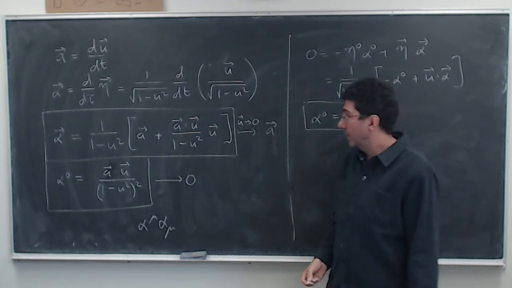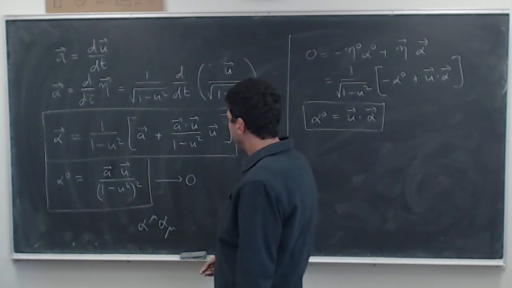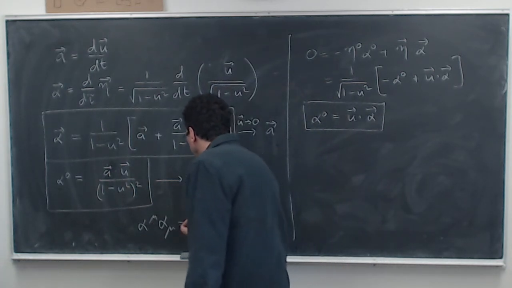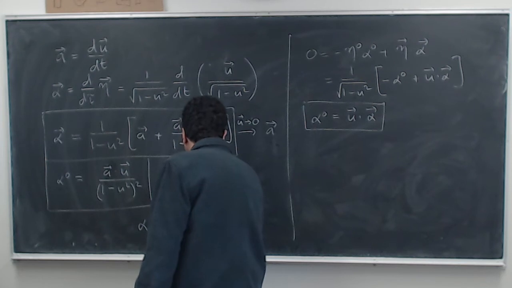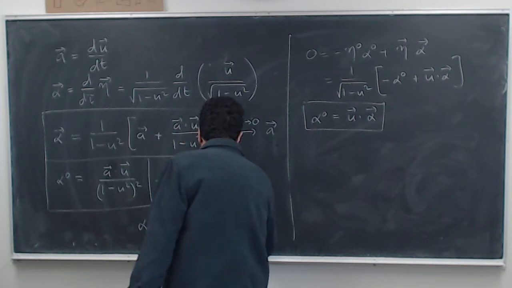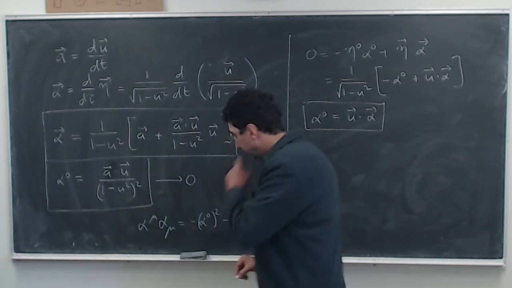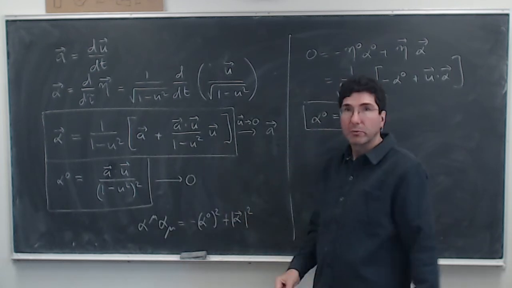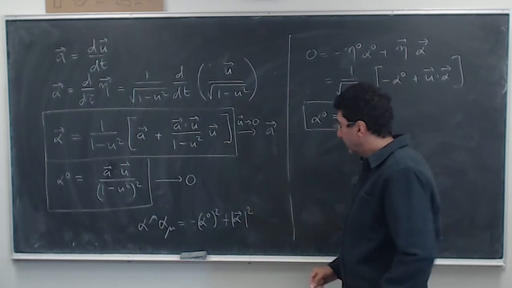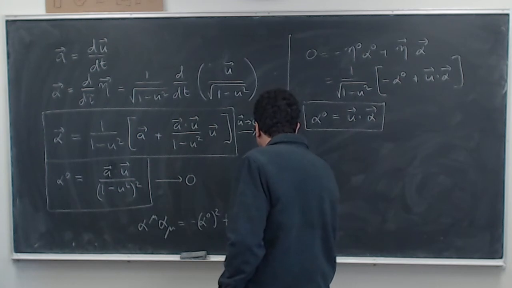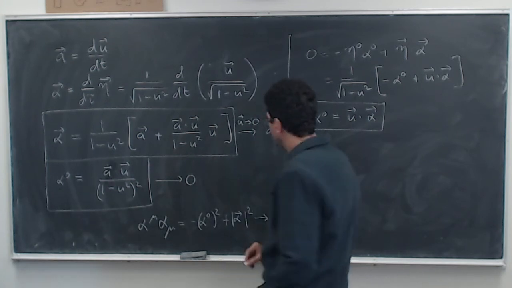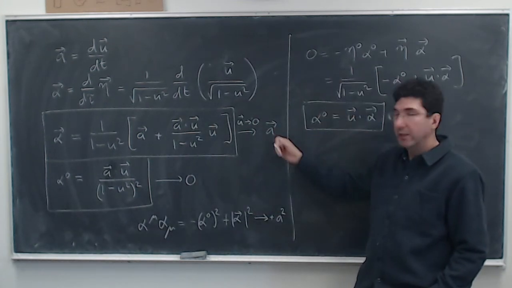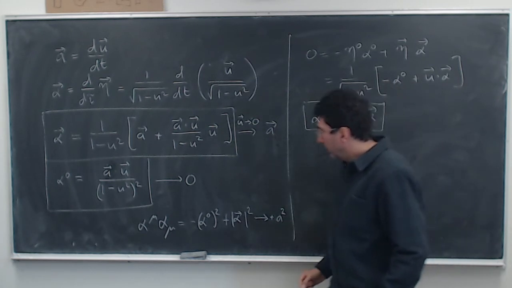Okay? So in particular, that tells us that the Lorentz invariant square, which is just minus alpha 0 squared plus alpha vector squared, in the instantaneous rest frame just becomes plus a squared. It just becomes the square of the ordinary 3 acceleration.